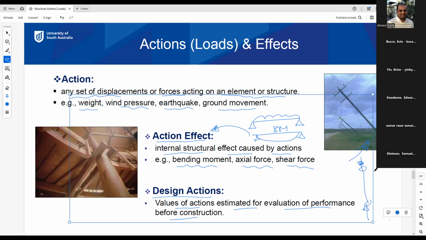The loads on this member are called design actions or design loads. So the design loads are the loads that will be used to design or assess the performance of the members before construction, so that we make sure that the design is safe and economic.